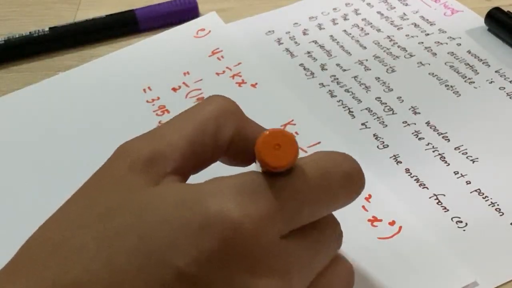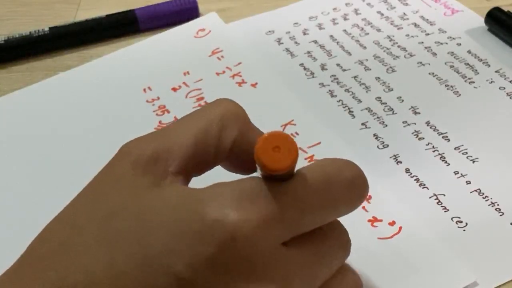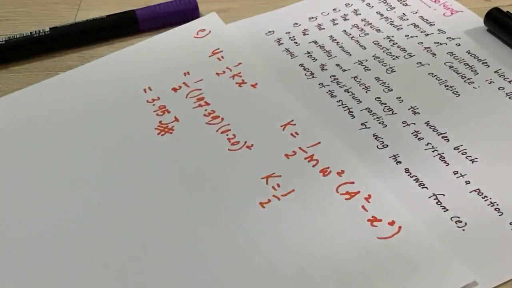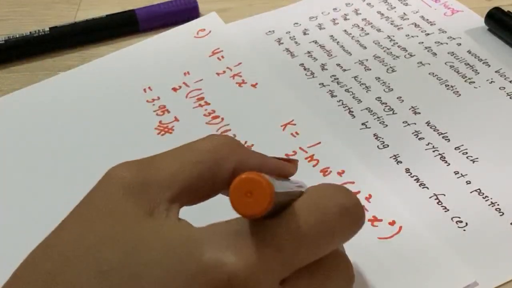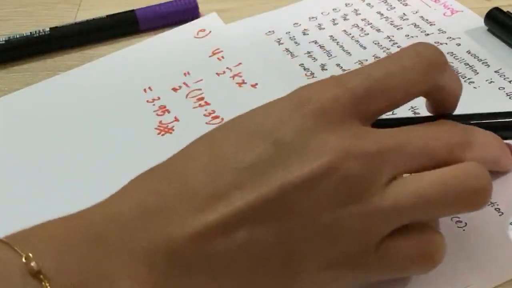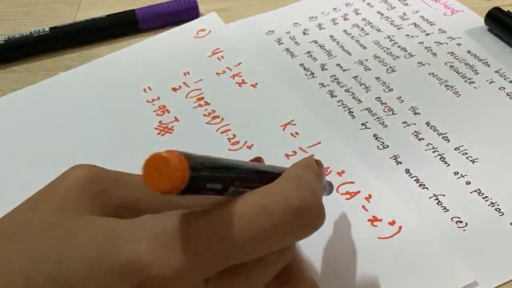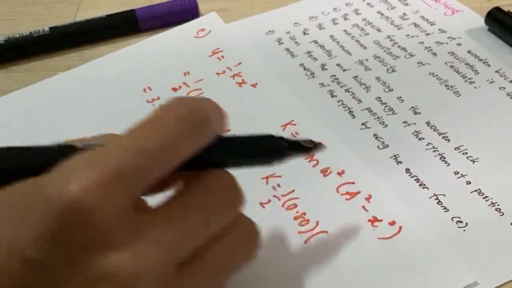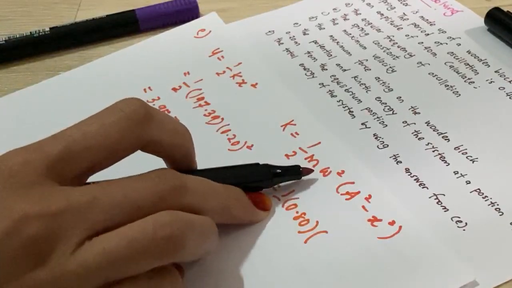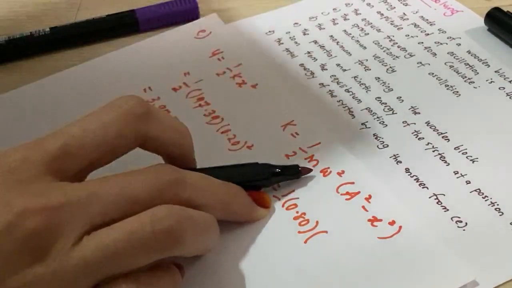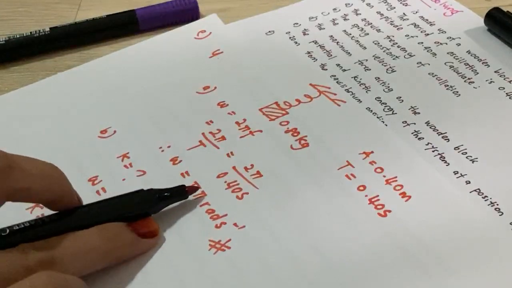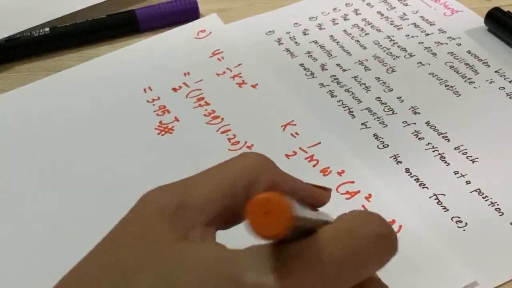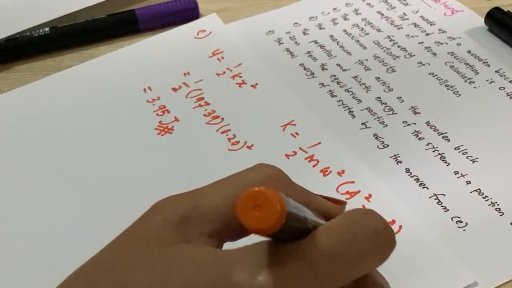For the kinetic energy, half, the mass is 0.80. Omega, we get from part A, which is 5 pi radian, so omega is 5 pi squared.